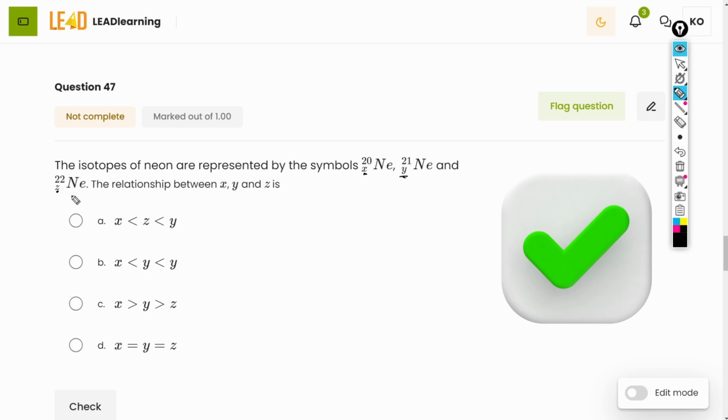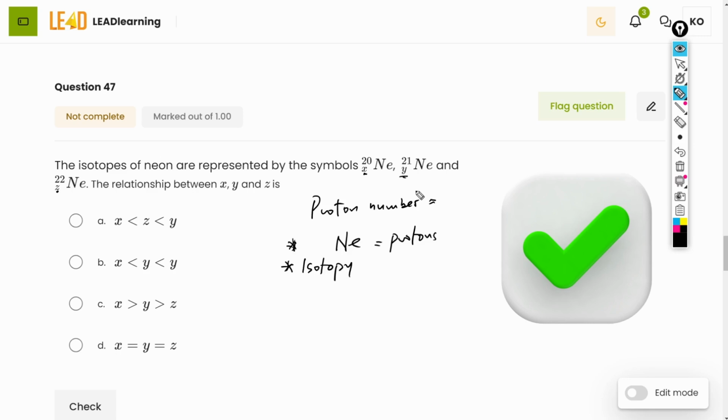X, Y, and Z represent proton number, and the proton number determines the identity of the atom. Neon is neon because it has a particular number of protons. That is the first idea. The second idea is the concept of isotopy.